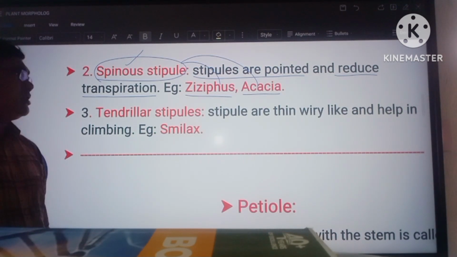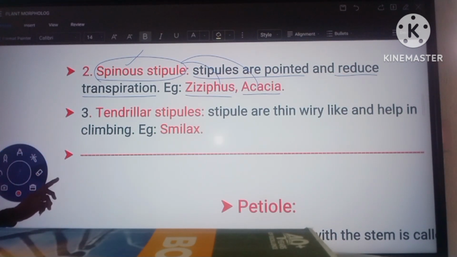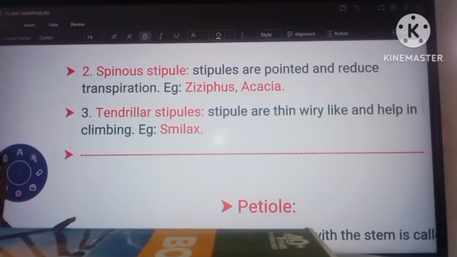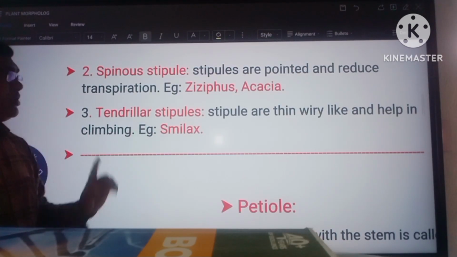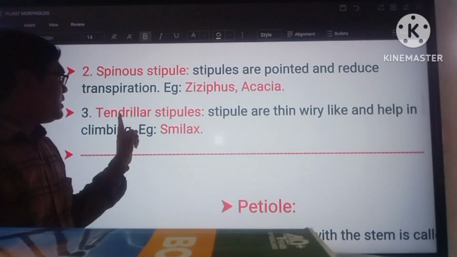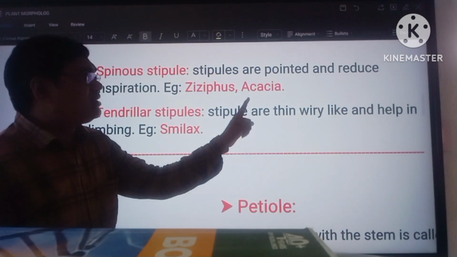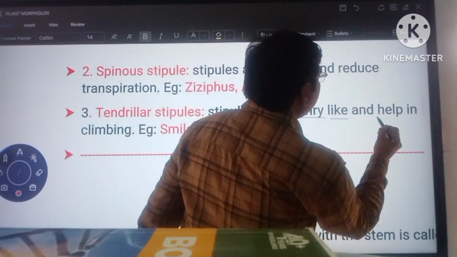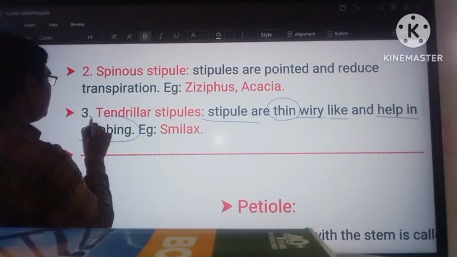Next, the third type of stipule is called tendrillar stipules. What are tendrillar stipules? The stipules are thin, wire-like, and help in climbing.